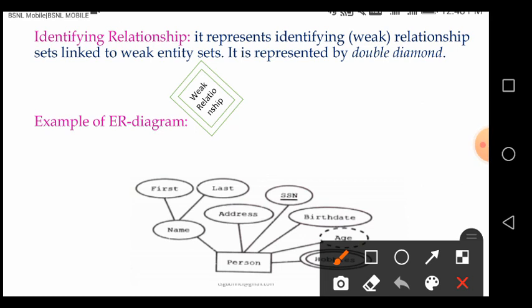In entity relationship diagram notations, cardinality and ordinality respectively refer to the maximum number of times an instance in one entity can be associated with instances in the related entity, and the minimum number of times an instance in one entity can be associated with an instance in the related entity.